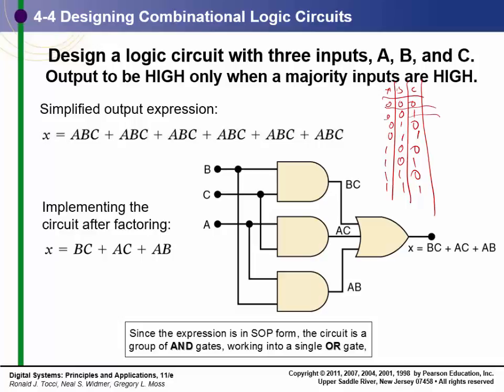In this example they don't give you a truth table, but you can say if there are 2 or more 1s, the output should be high. So the output is 0, 0, 0, 1, 0, 1, 1, 1. That is what your truth table should look like.